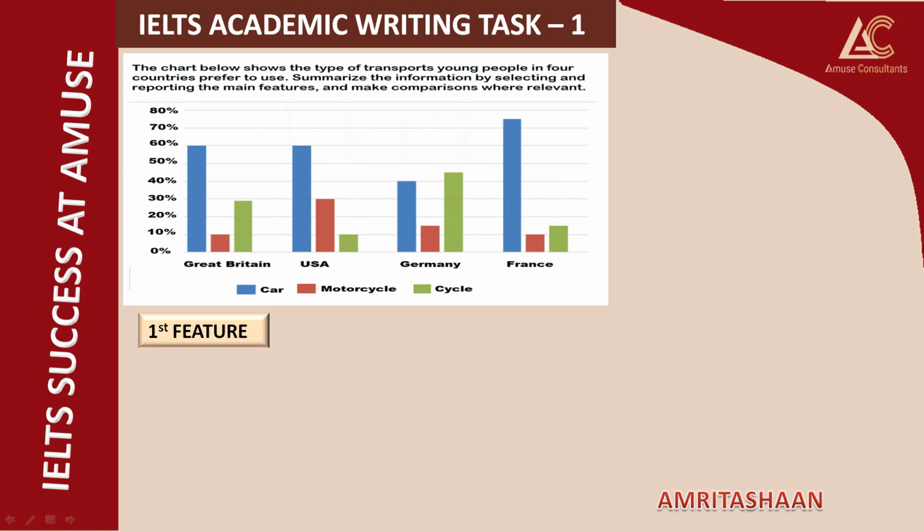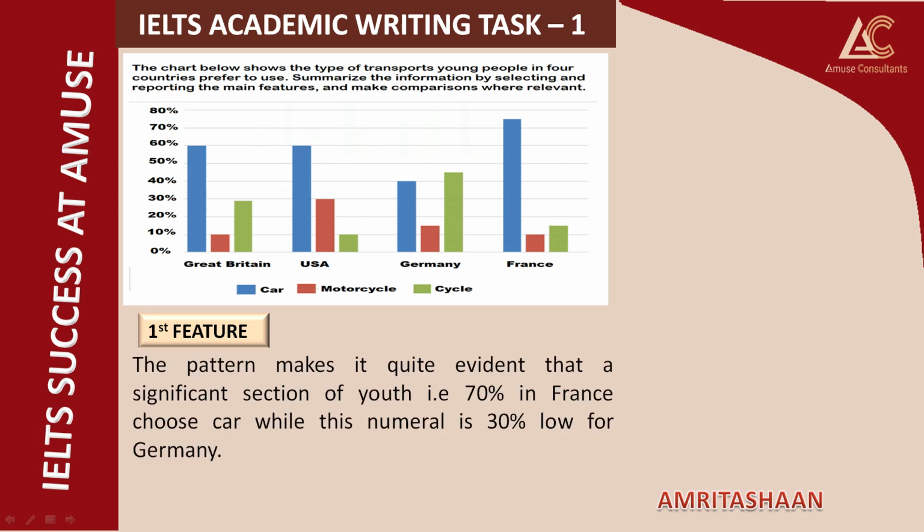The sample feature written for you is: the pattern makes it quite evident that a significant section of youth, that is 70% in France, choose car, while this number is 30% lower for Germany. I have not used the same figures given here.